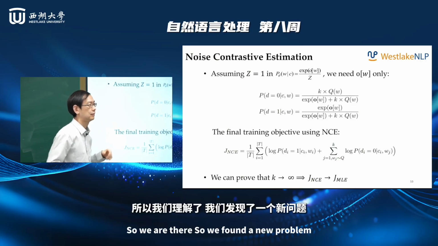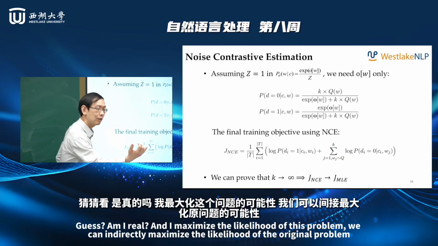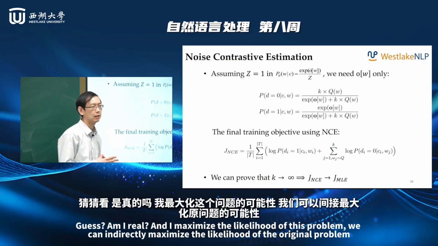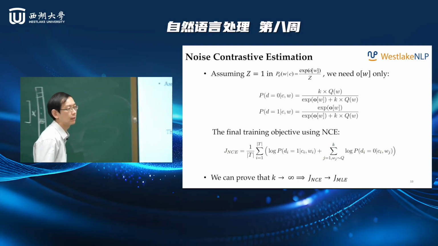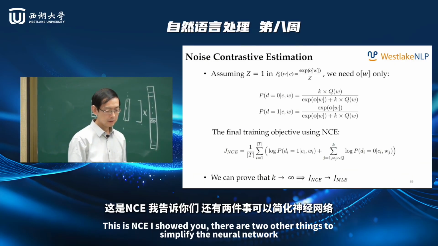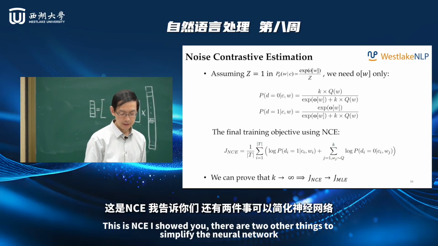Okay? So we are there. So we found a new problem, right? Guess, am I real? Okay? And I maximize the likelihood of this problem. We can indirectly maximize the likelihood of the original problem. This is NCE.